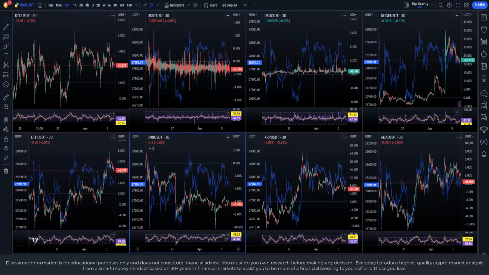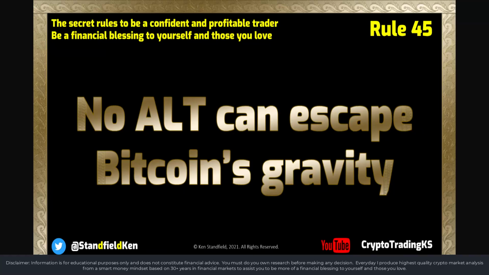that perspective. Let's have a look at Doge, and Doge became front news on Twitter, didn't Doge? And that of course created a bit of a roar inside Doge, but the concept is no alt can escape Bitcoin's gravity, which is of course rule 45, very, very important rule.